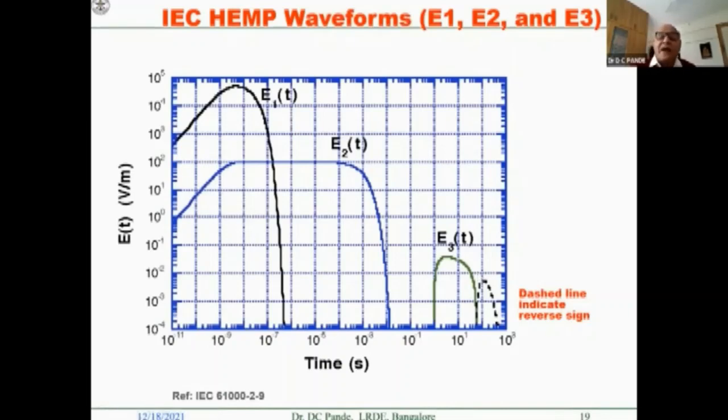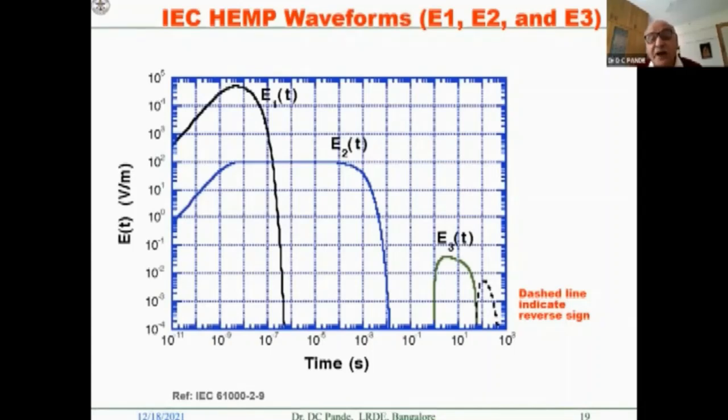The most devastating effects on electronics can be caused by this particular E1 pulse, because it is so fast. The E2 pulse we already take care of through lightning protection, against the lightning electromagnetic pulse. The E3 affects critical infrastructure, particularly the power grids, which is very important.